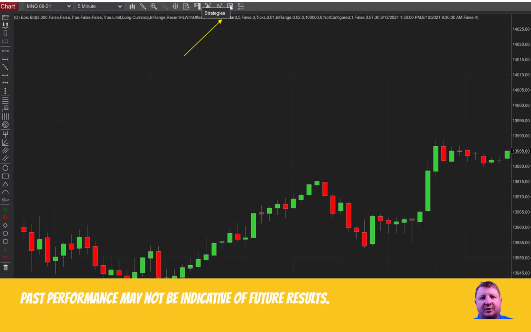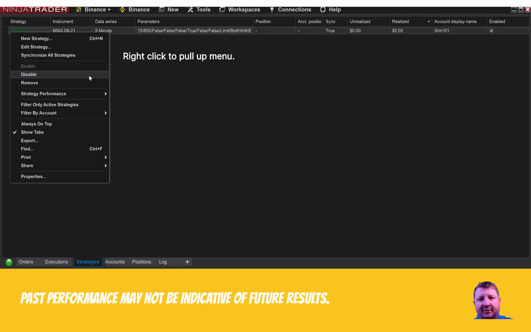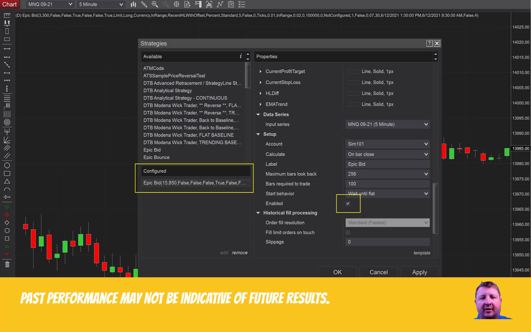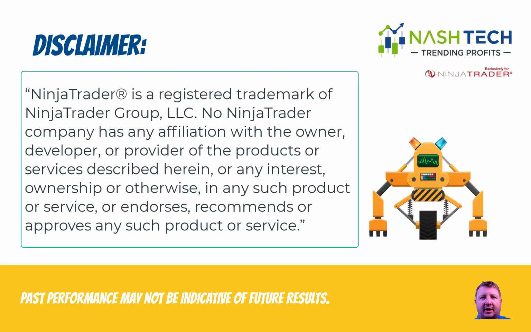We discussed how to add an initial strategy on the chart itself, also how to disable it, edit the settings under the tabs area of strategies on NinjaTrader, and then from there how to change those settings for the strategy and re-enable them. But we haven't really got into any backtesting or optimizing the strategy, so that's what we're going to be covering in this video.